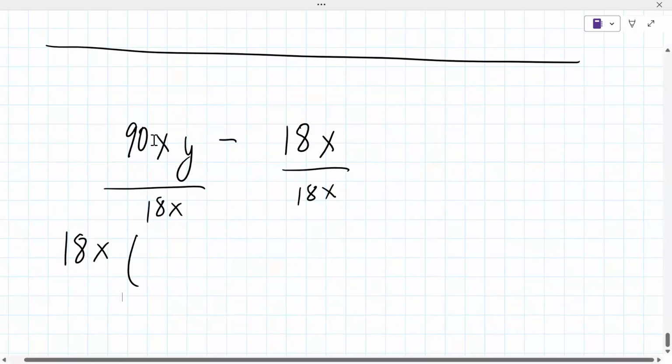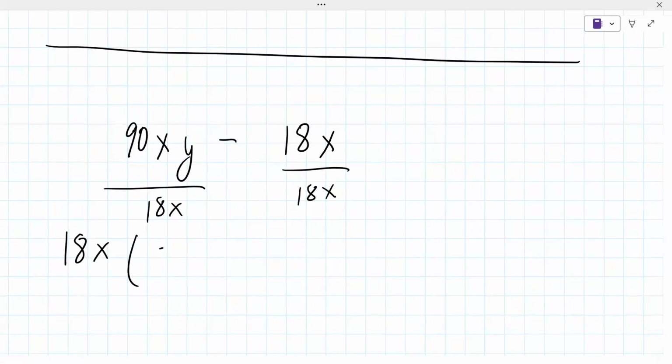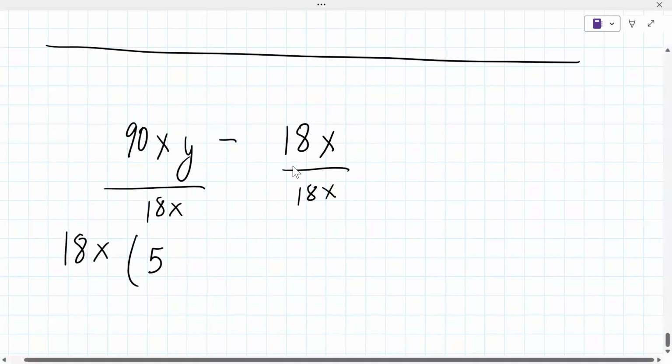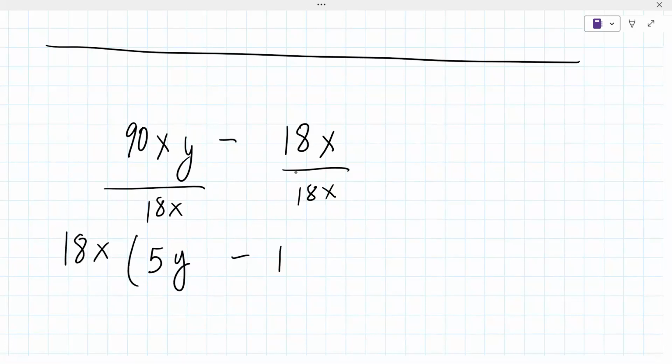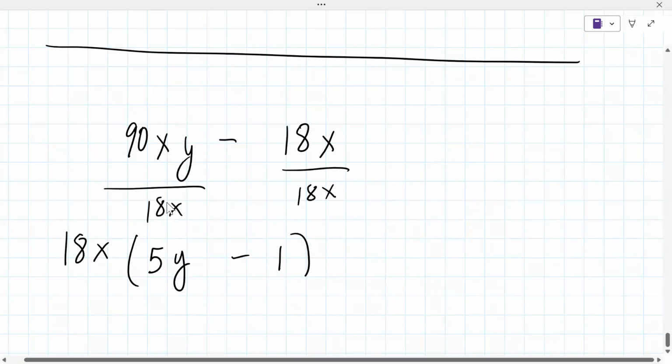Okay, but 90 divided by 18 is not 6. Try that one more time. Should be 5. And then since they both have an x in it, the x's cancel. So it's 5y minus 1. Is that okay? It would be 6y, I thought. No, 90 divided by 18 is 5. Yeah, it would be 5y.